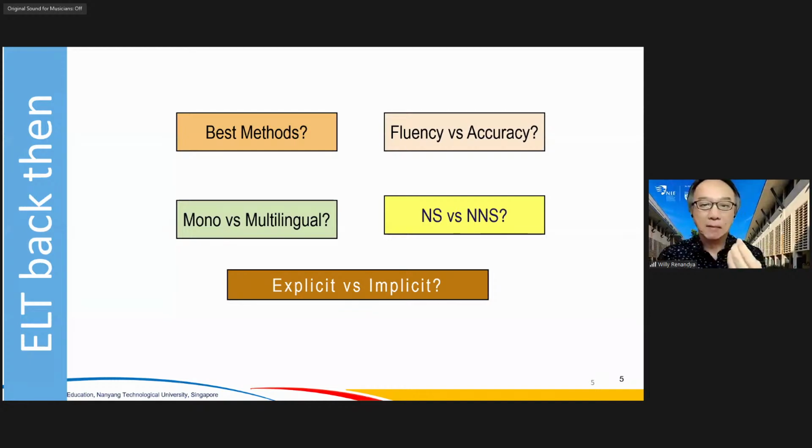Yeah, and make that the focus of our teaching. So that is the kind of explicit teaching that I'm talking about. Or is it implicit teaching, implicit learning that you want to focus more on?